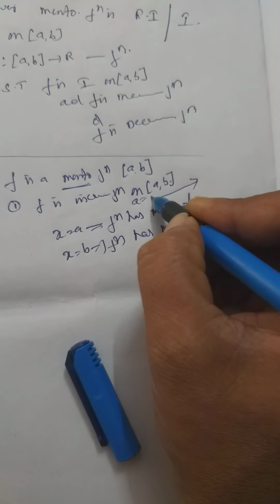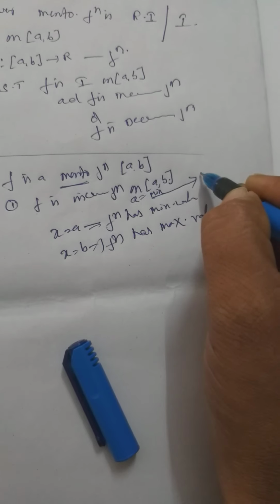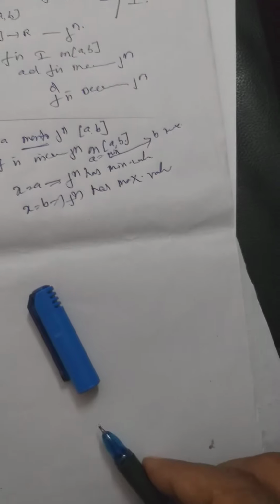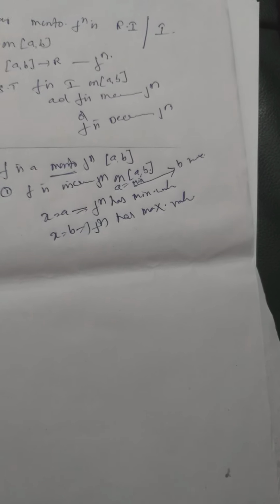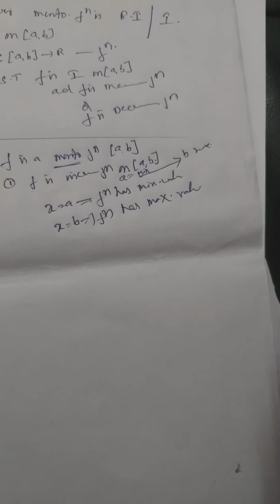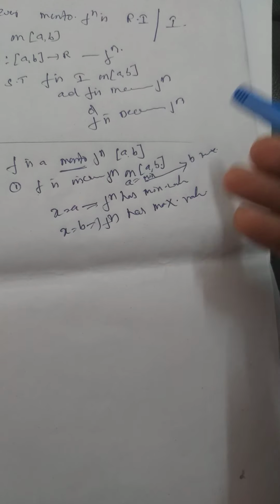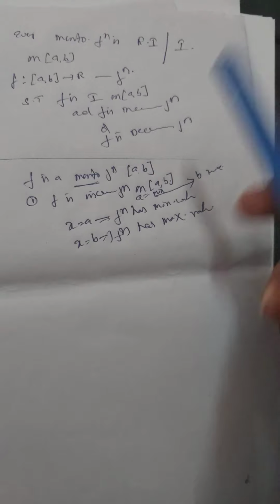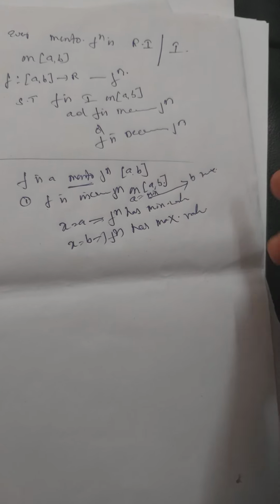At x equal to a, minimum value, and at x equal to b, maximum value we will get, since the function is increasing. Otherwise, if decreasing, at x equal to b the function has a minimal value, and at x equal to a the function has a maximum value.